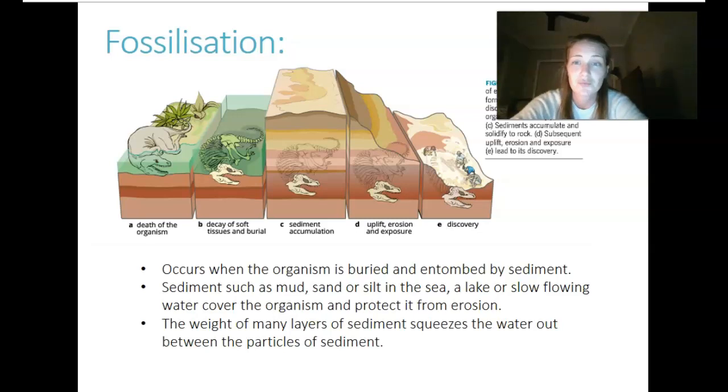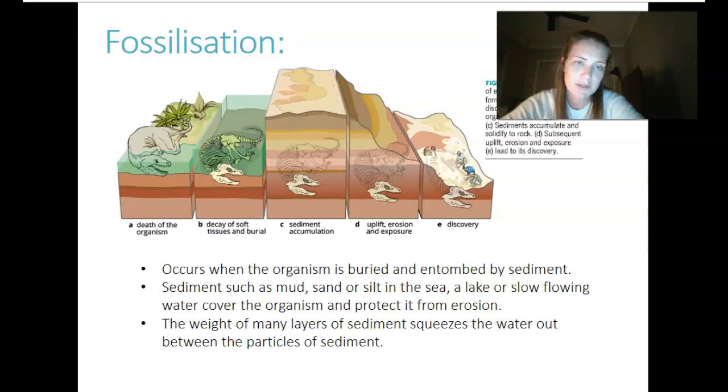Fossilization takes place quite readily in the marine environment because of that quick accumulation of sediment and the weight of the water and all that sediment on top of it. Not all water environments, though, are ideal for the formation of fossils. It has to be still waters.